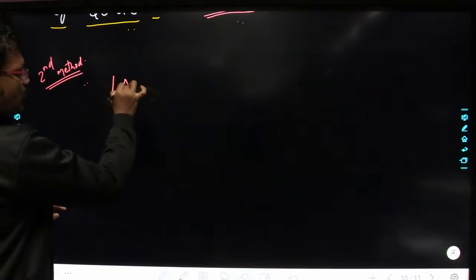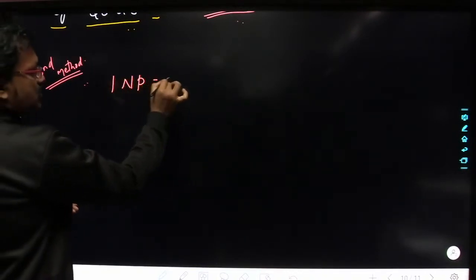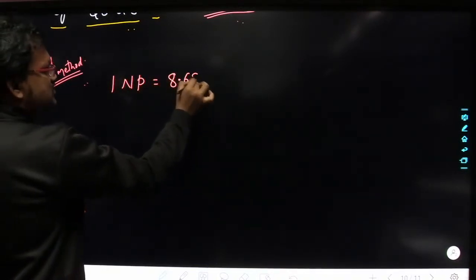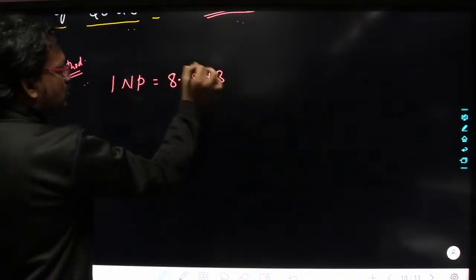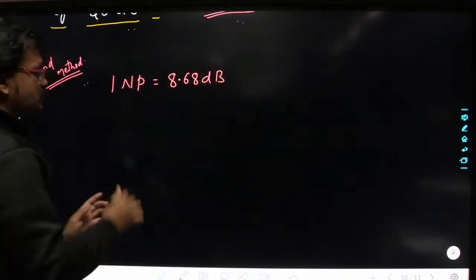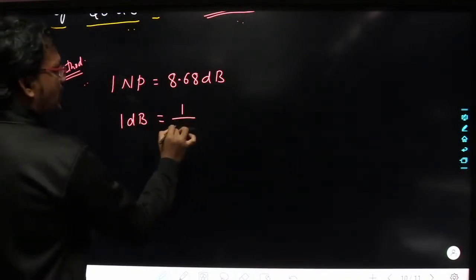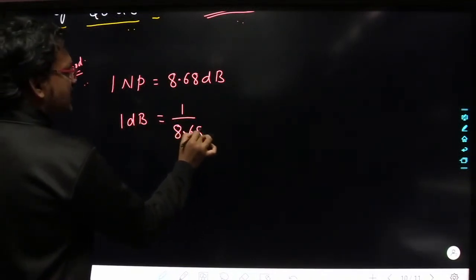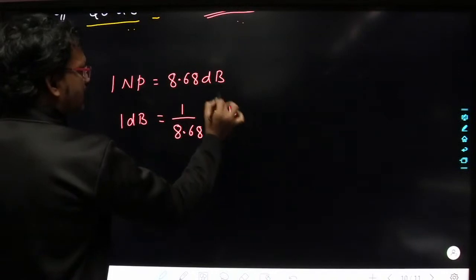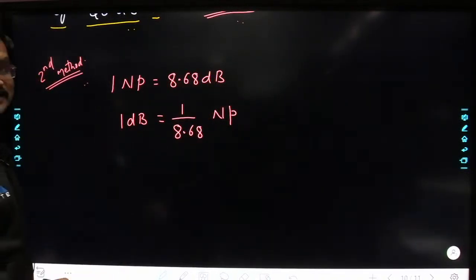The relation is 1 Nepper is equal to 8.68 dB. Therefore 1 dB is equal to 1 by 8.68 Nepper.